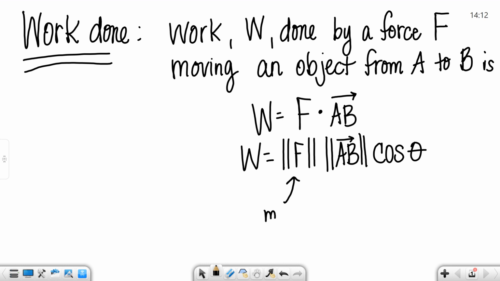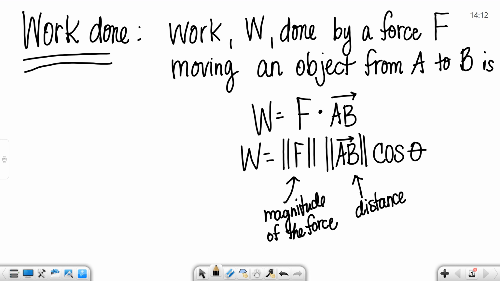This magnitude of the force, and this vector AB, remember we were moving from point A to point B, so this is going to be the distance over which a constant force is applied.